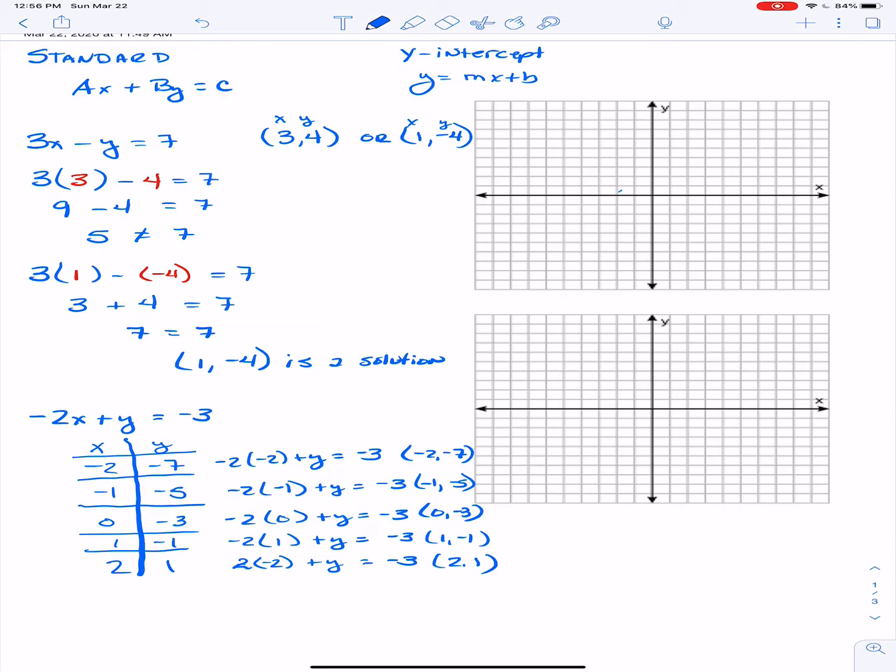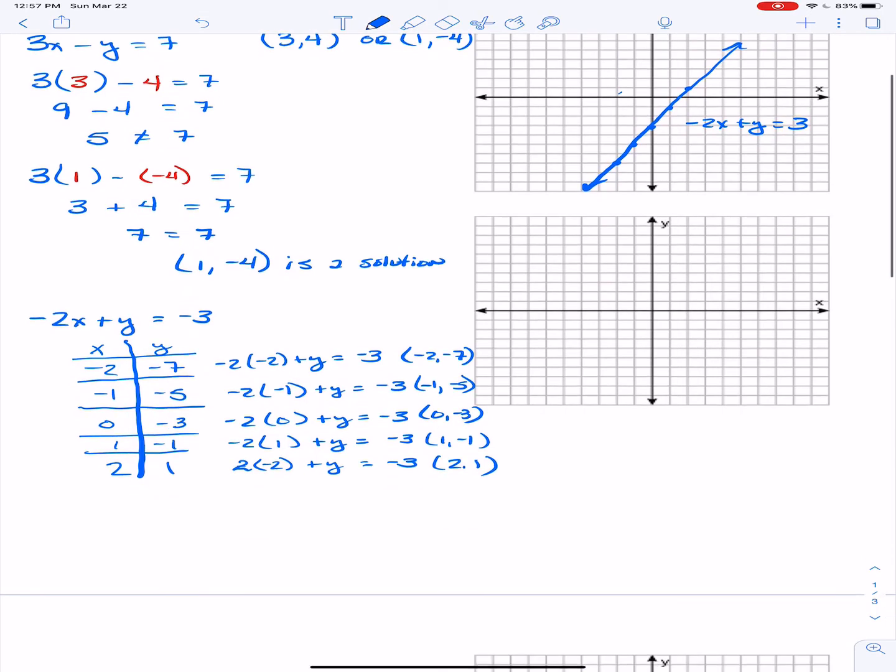So I have negative 2, negative 7, negative 1, negative 5, 0, negative 3, 1, negative 1, and then 2, 1. And now I'm going to join all my points. And that is the graph for negative 2x plus y equals negative 3.